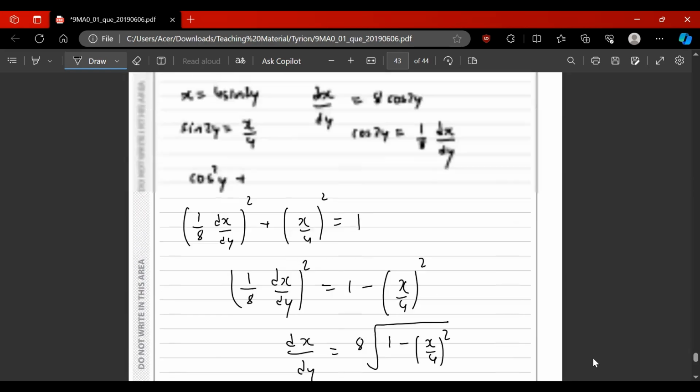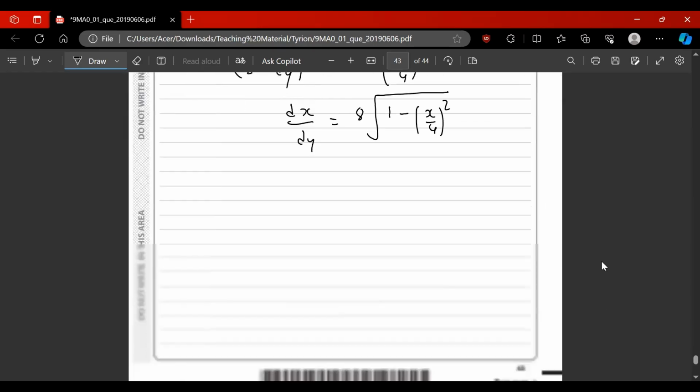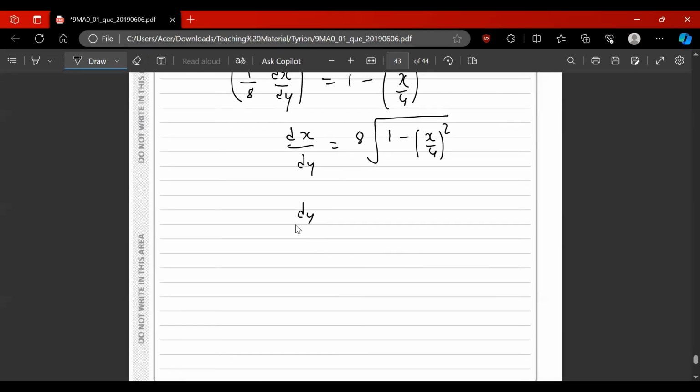Now, in order to match the form given in the question here, we need to do a bit of rearranging. So we will have dy over dx is equal to 1 over, so here if you put the 8 into your function, you will get this as 2 square root of 16 minus x squared.